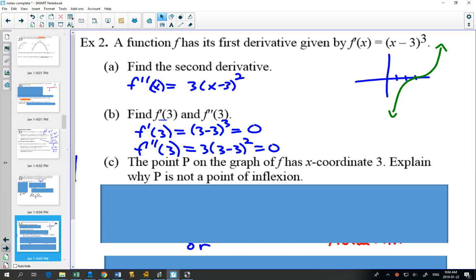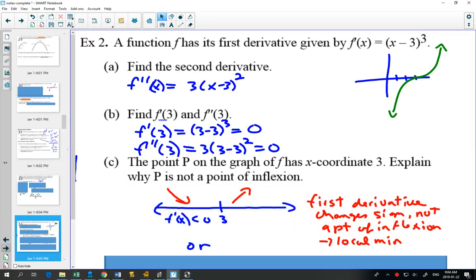Since they're both 0, this is not a point of inflection. In order for it to be a point of inflection, the second derivative has to be 0 and the first derivative can't be 0. So what does this mean?